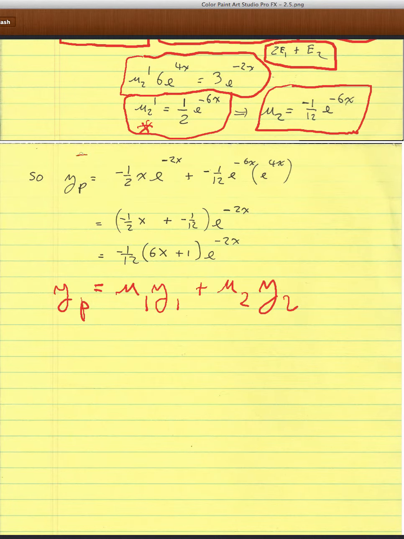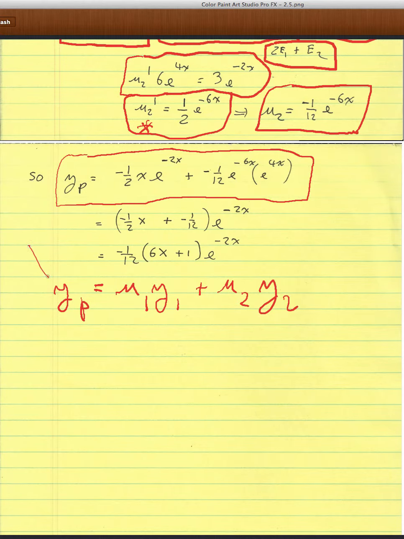That is what you're seeing right here. The technique, which is very nicely outlined in the text, that we've followed indicates that a particular solution of the equation will be given by u1 times y1 plus u2 times y2. Doing some algebra, you see that here is our particular solution.